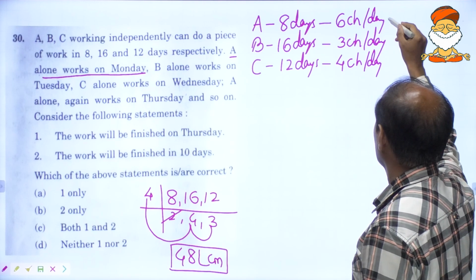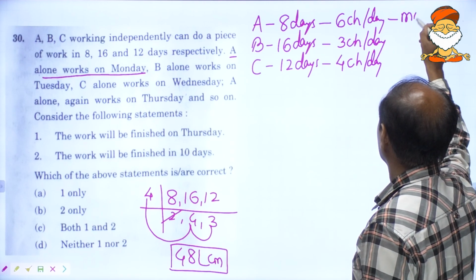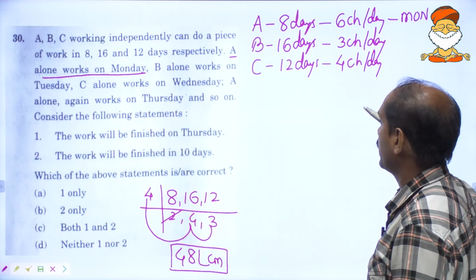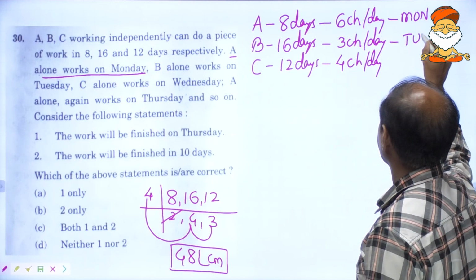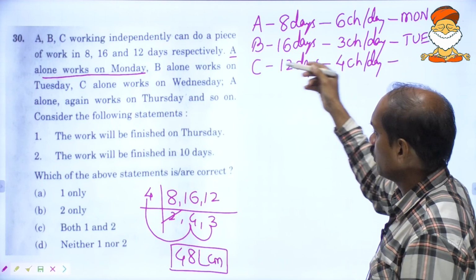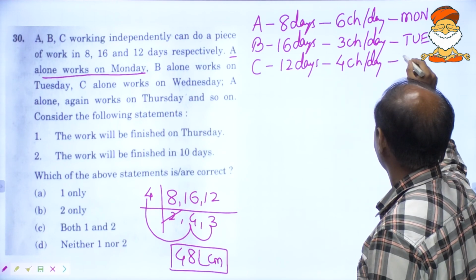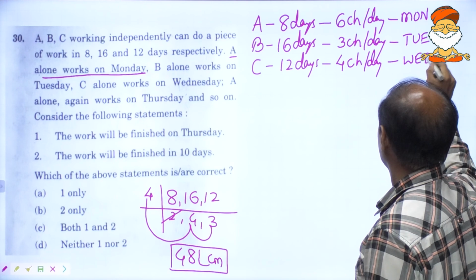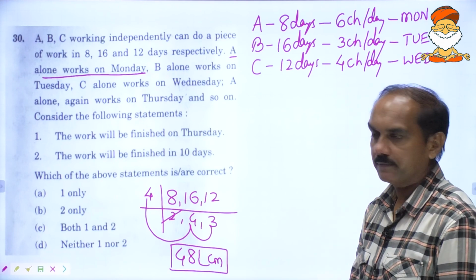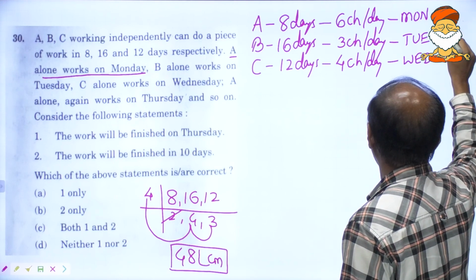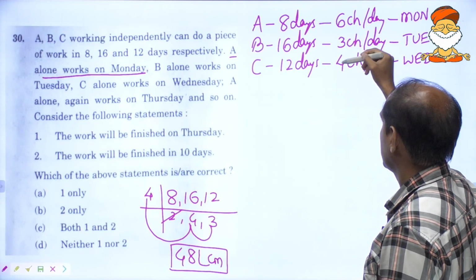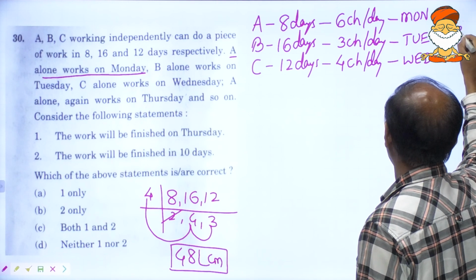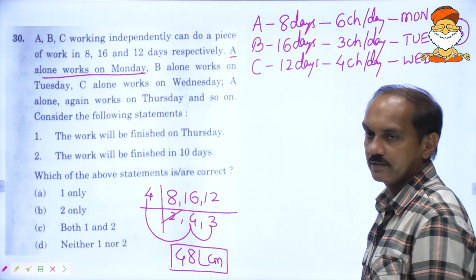A came on Monday. Then B alone works on Tuesday. C alone works on Wednesday. Is it clear? So in these 3 days, 6, 10, 13 chairs got arranged.